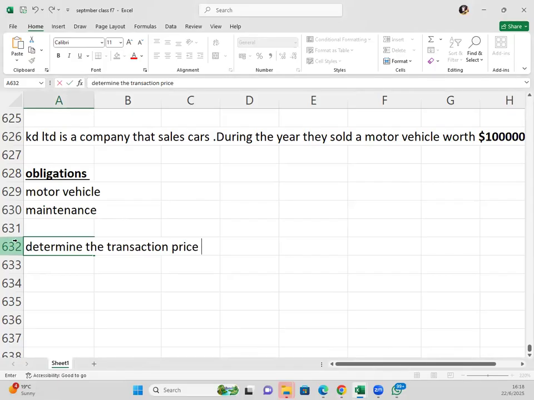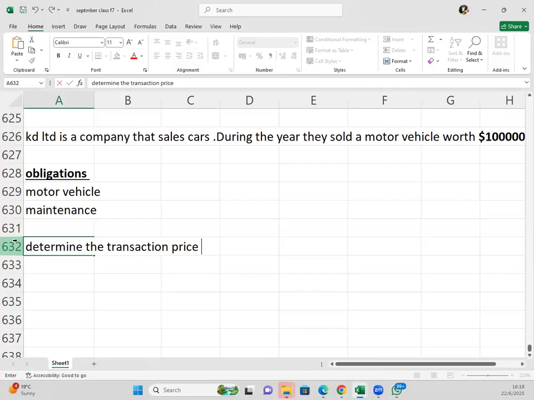So if you're determining the transaction price, how much is it that we are going to get from the contract? In this case, the customer is going to pay 100,000.